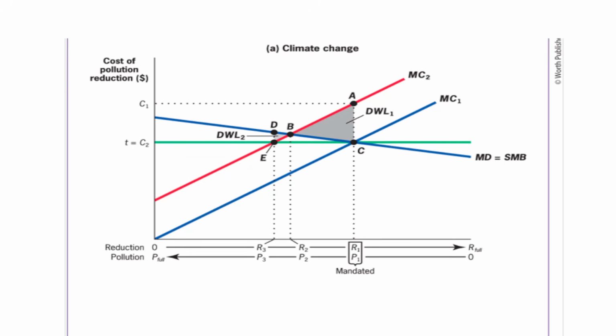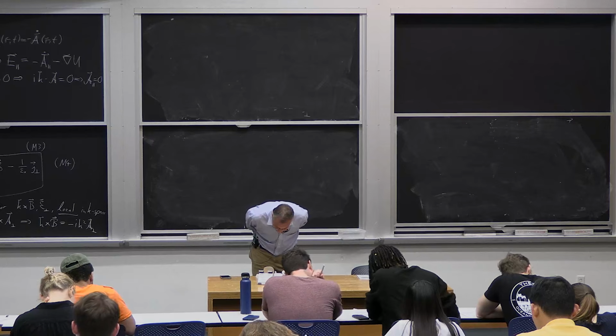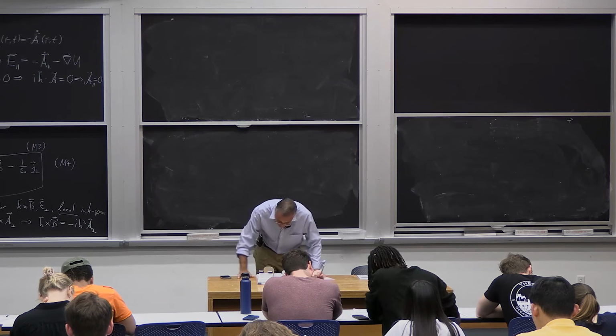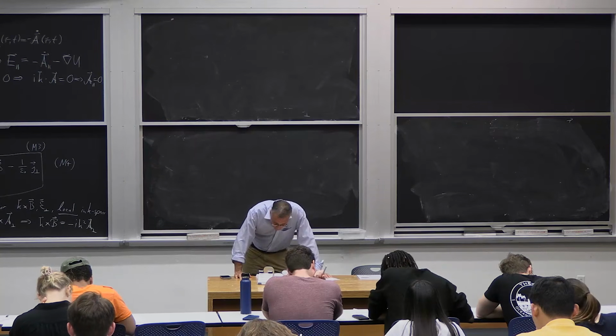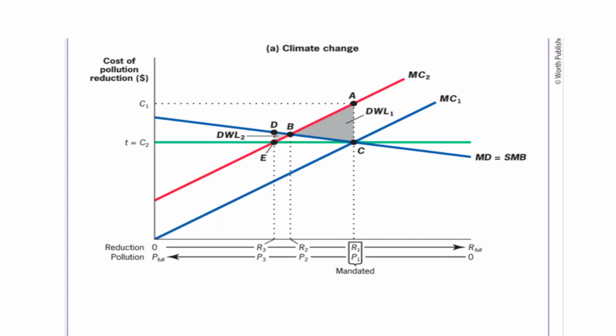When I set my tax there, I am saying to firms that's the tax they're going to have to pay. Let me be very precise on this. I set the tax where MC1 equals marginal benefits.